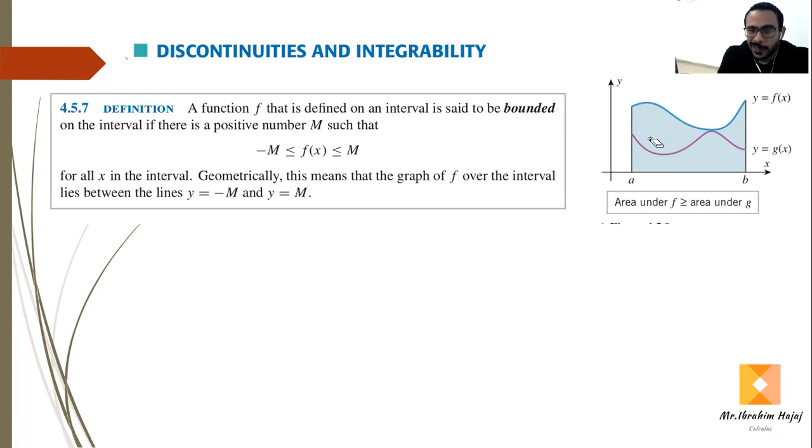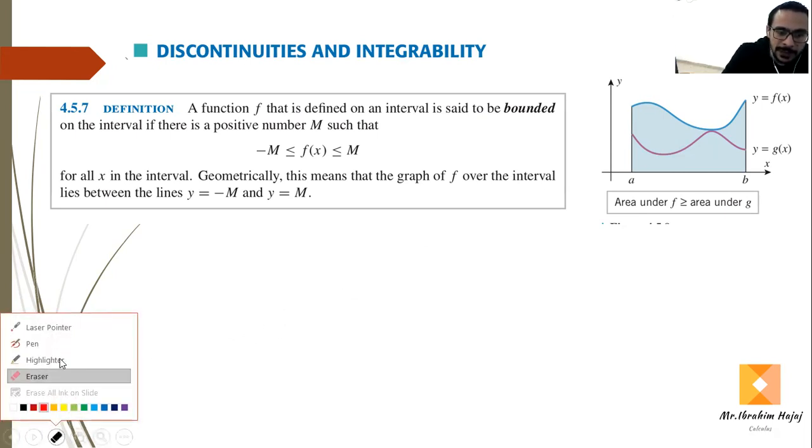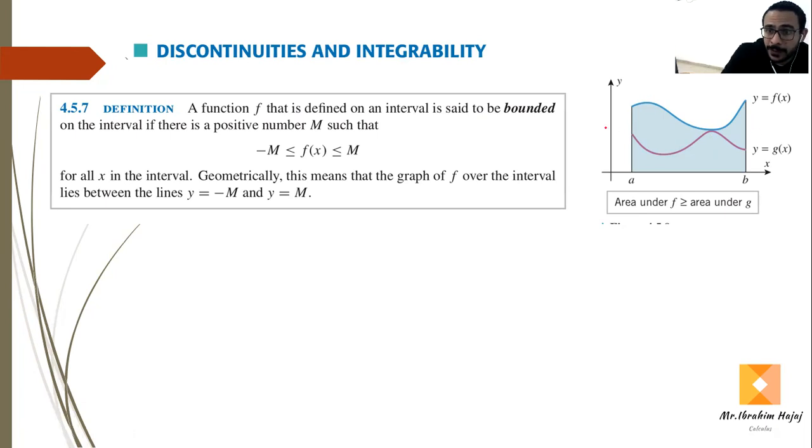For example, the horizontal lines y equals 3 and negative 3. Imagine that: here it's 3, so with horizontal lines we find that this function is bounded between two lines.